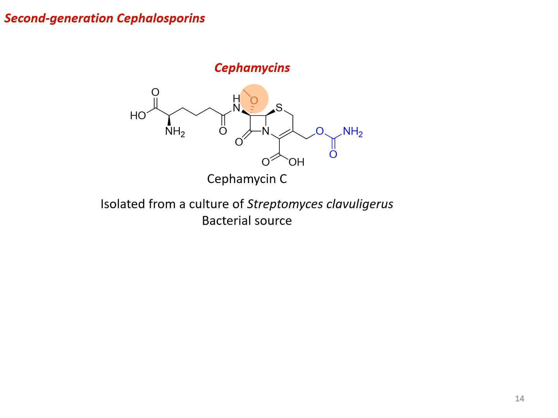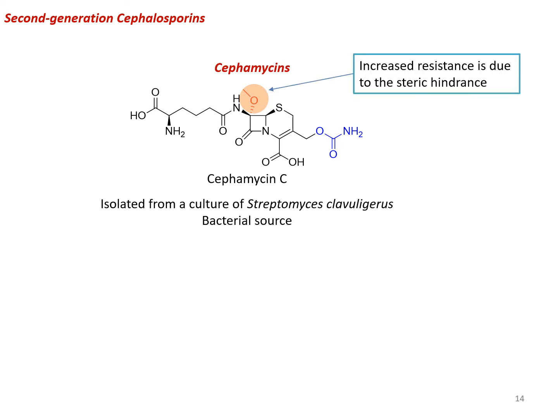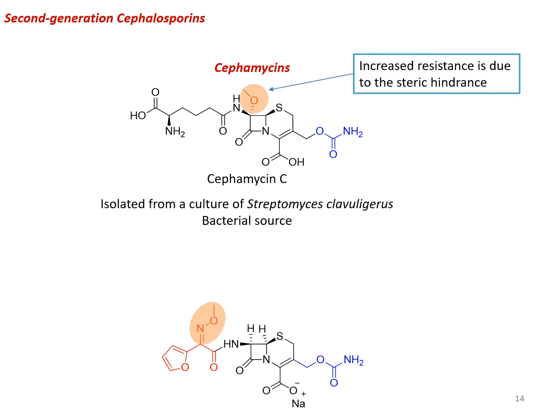This increased resistance is thought to be due to the steric hindrance provided by the extra methoxy group. Another semi-synthetic modification that resulted in stability against beta-lactamases is the methoxyamine or methyloxime group. These cephalosporins are called oxaminocephalosporins.